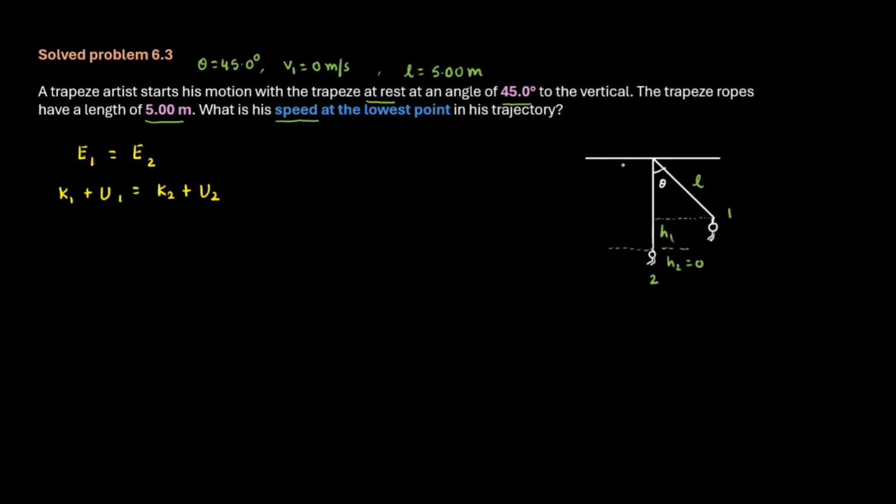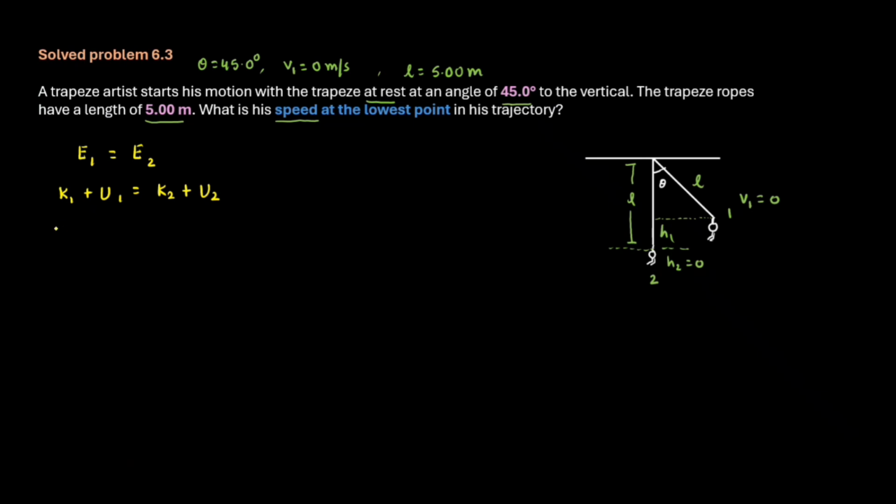The total length of the string is L. I need to find the speed of the trapeze at point 2, the lowest point in motion. Since the trapeze starts at point 1, the initial speed at point 1 will be equal to 0.